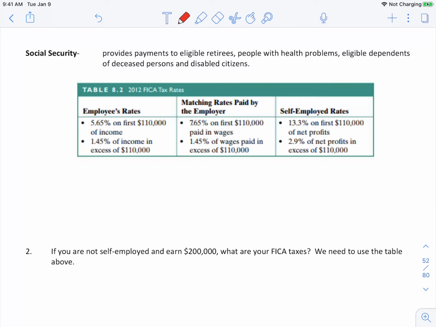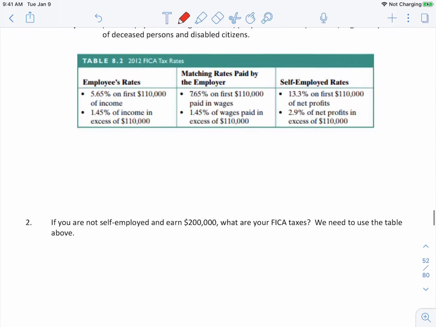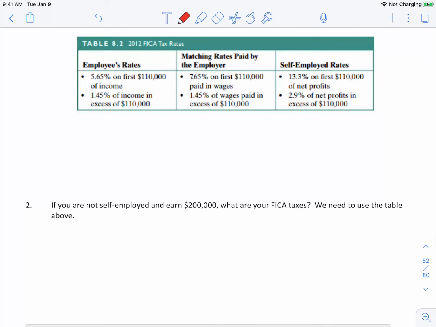So this one says if you are not self-employed and earn $200,000, what are your FICA taxes? So we're going to use our table above. So we're going to split the $200,000 kind of like we did on the tax calculation in the previous problem.